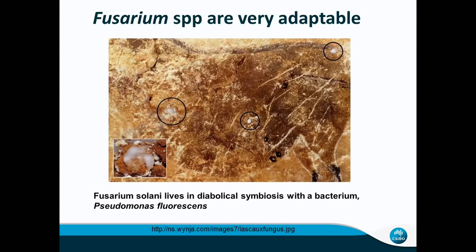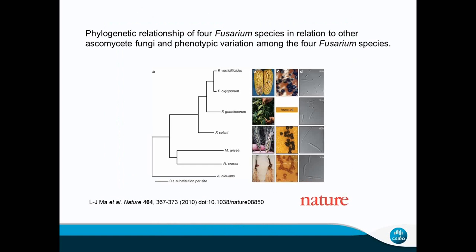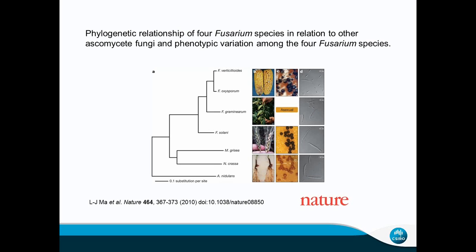So it became extremely difficult to remove these fungi from these beautiful paintings. Overall, these examples illustrate that it is quite easy for this group of pathogens to cause disease in a number of species.